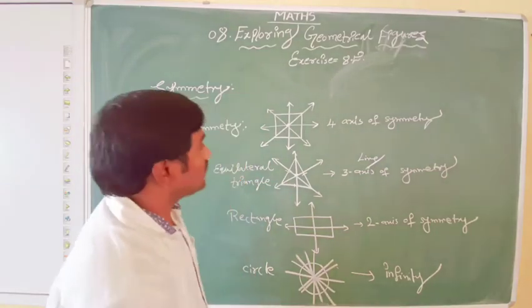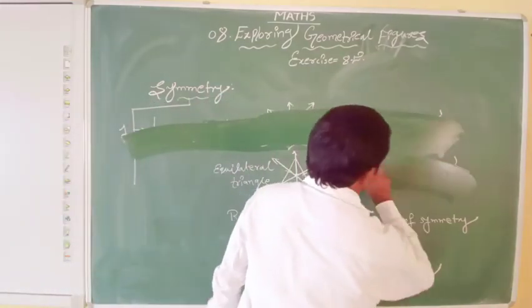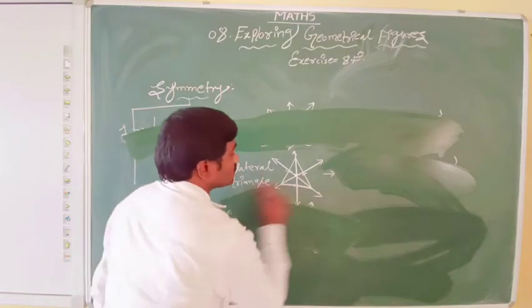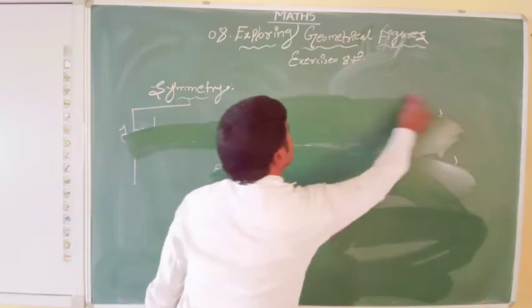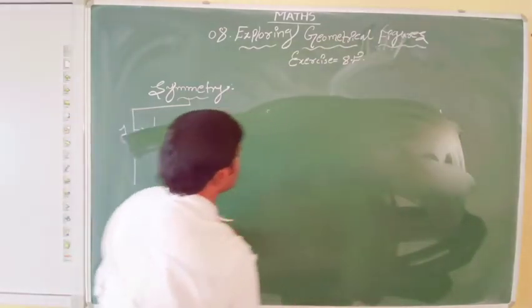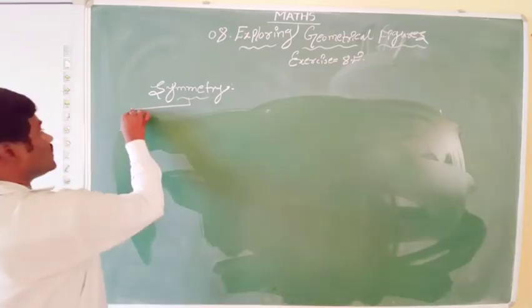So this is what, and we'll be going for the next one, about rotational symmetry. This is what we need to understand very clearly. I'll be telling you, try to understand what I am going to explain now about rotational symmetry.